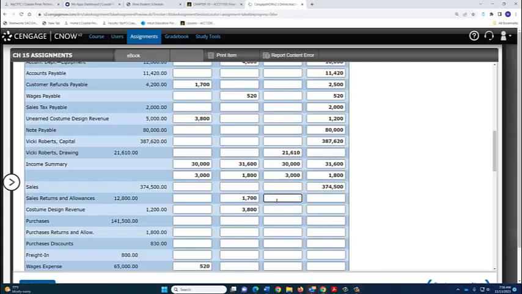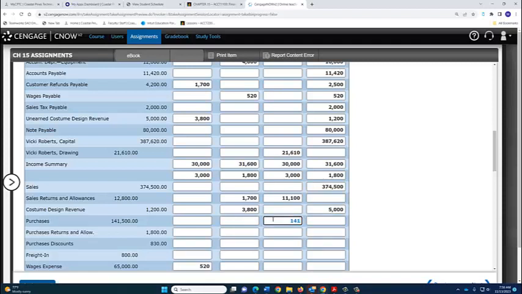And since the debit is higher, it stays on the debit side. Costume design revenue, we had a credit of 1,200 and a credit of 3,800. So we'll add the two credits, and we'll end up with a credit of 5,000.